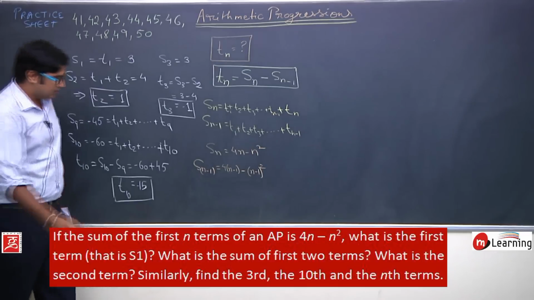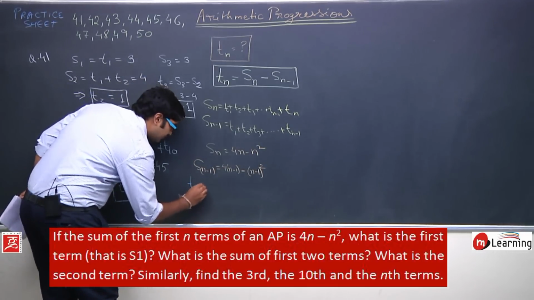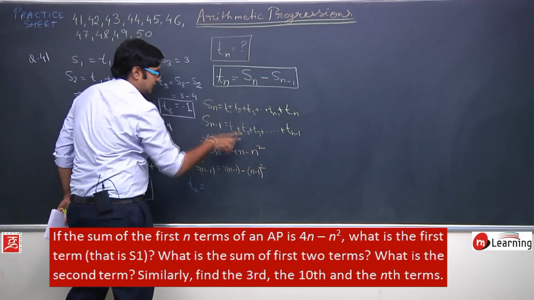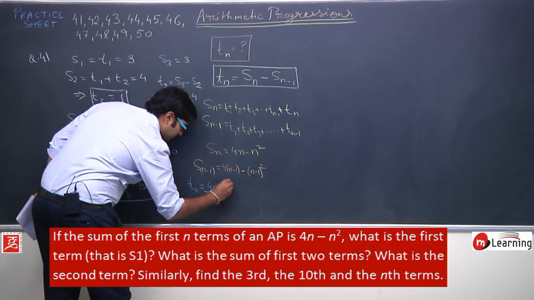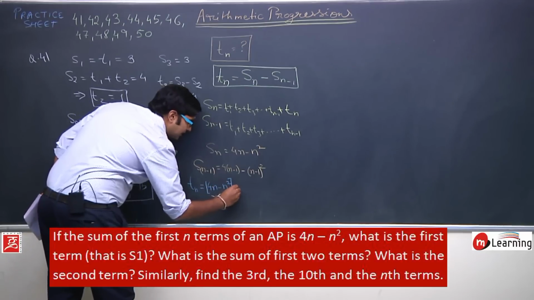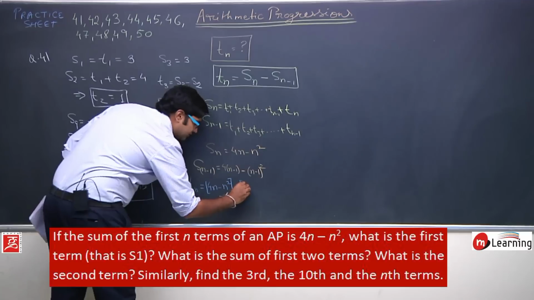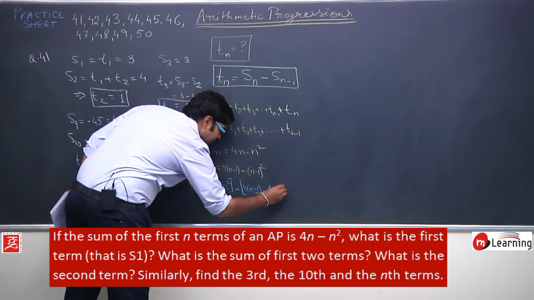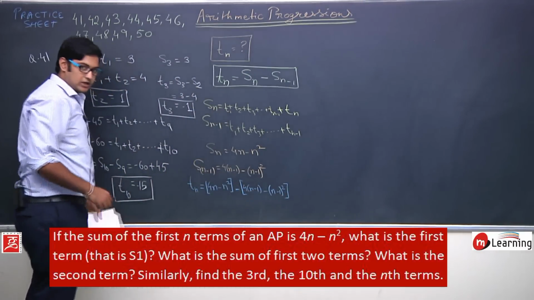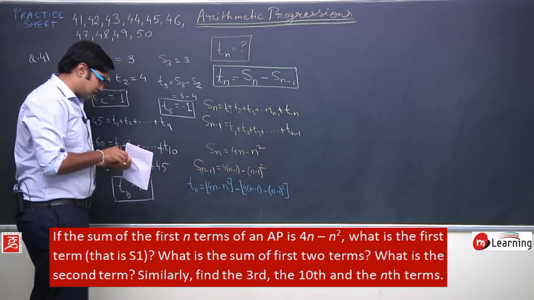The value of Tn will be equal to Sn, which is 4n minus n square, minus Sn minus 1, that is 4 times n minus 1 minus n minus 1 whole square. So let us solve this.